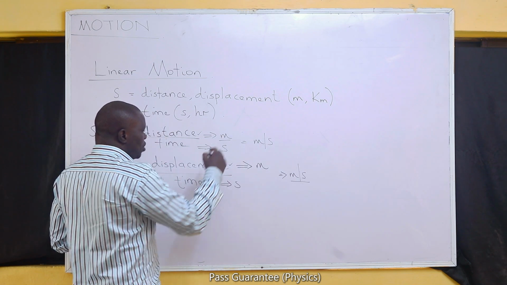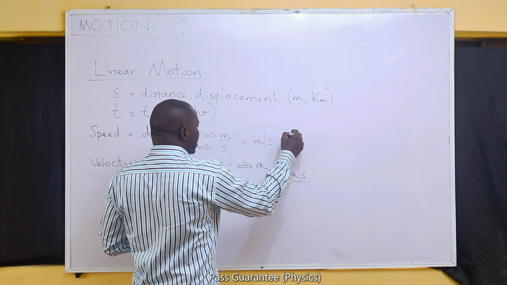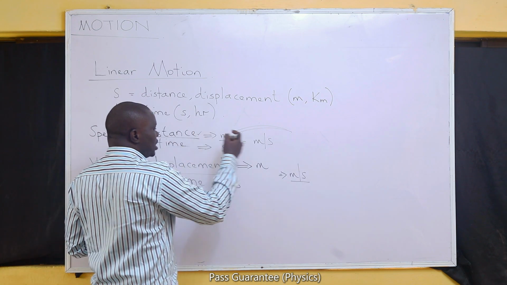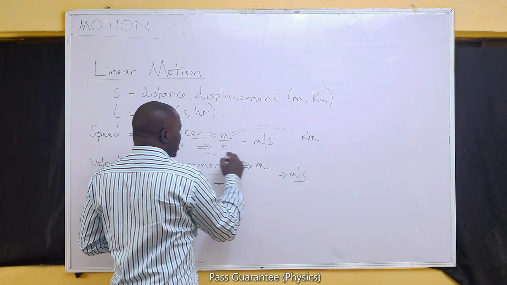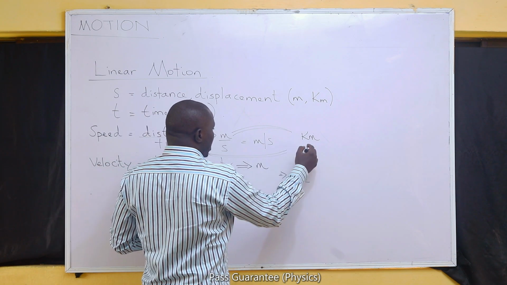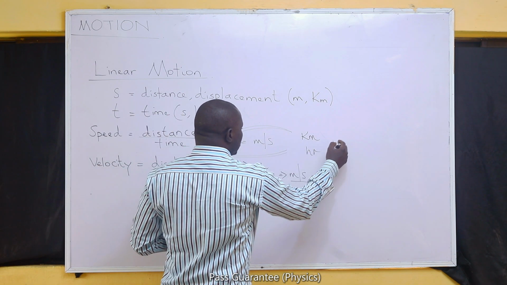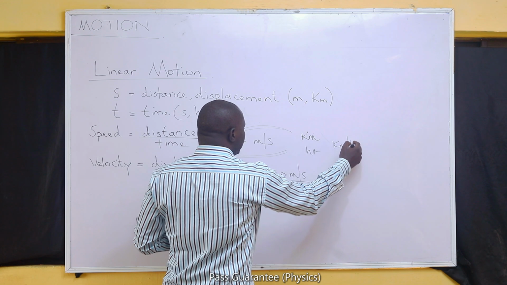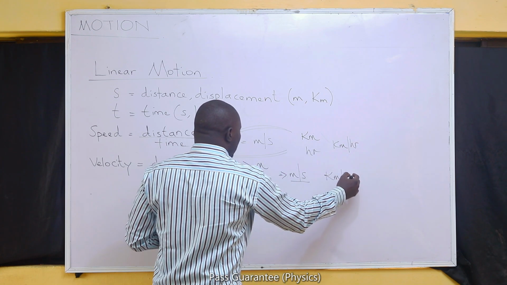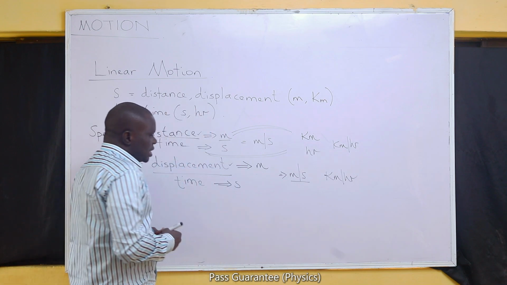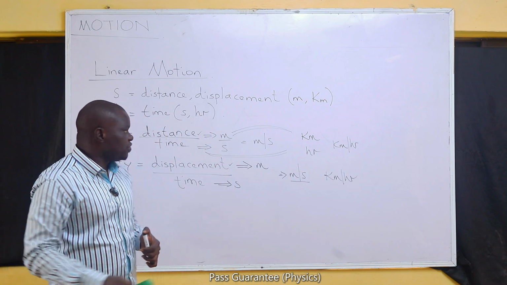Meanwhile, they can also be represented differently. I can choose to represent my distance as kilometers and my time in hours. So if we divide these two, we should have kilometers per hour. So that is all that is there to learn about speed for now.